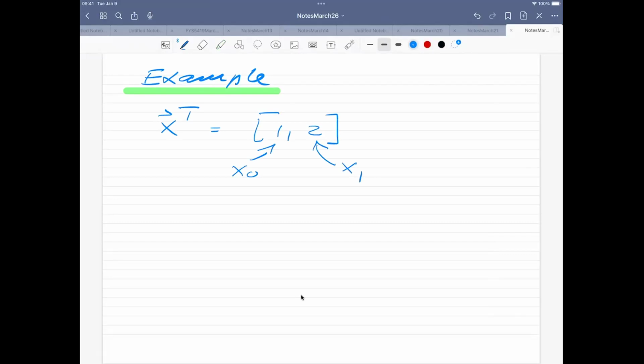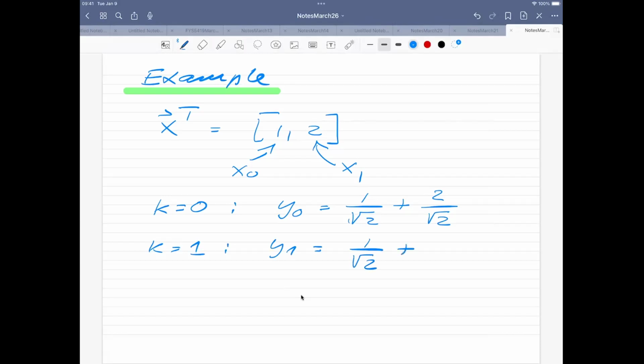If I put k equals 0, then y0 would be given by 1, I'm just using that formula, plus 2, divided by square root of 2. For the next case, k equal to 1, y1 is going to be equal to 1 plus 2, divided by square root of 2, times e to the i pi. And we know that that is equal to minus 1. So this term here gives us minus 1.